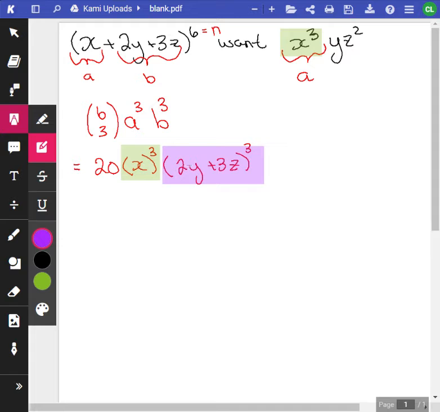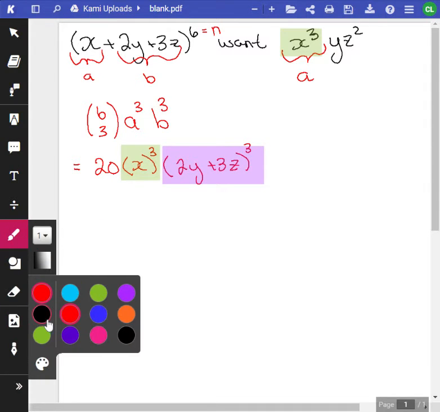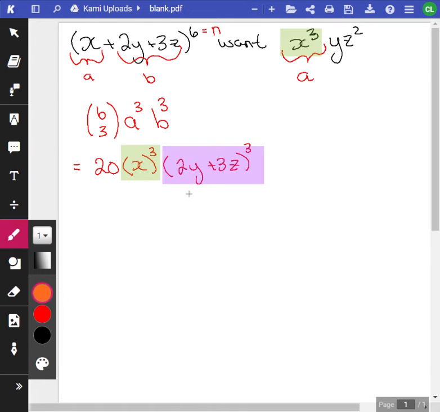But I can see I once again have a binomial to a power of 3. So I can do another binomial expansion, where this is now my a value, this is now my b value, and this is n. So this time I can't just pinpoint a specific variable.